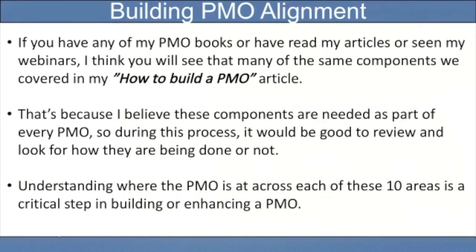And so the 10-step process that we walked you through are things that you should be looking for when you're about to assess or inventory an environment, right? And so it's really, really important to have that review and look for those disconnects between the areas. Because understanding where PMO is at across each of the 10 areas is really a critical step for building or enhancing a PMO. And so I just wanted to make sure you guys saw that alignment there.